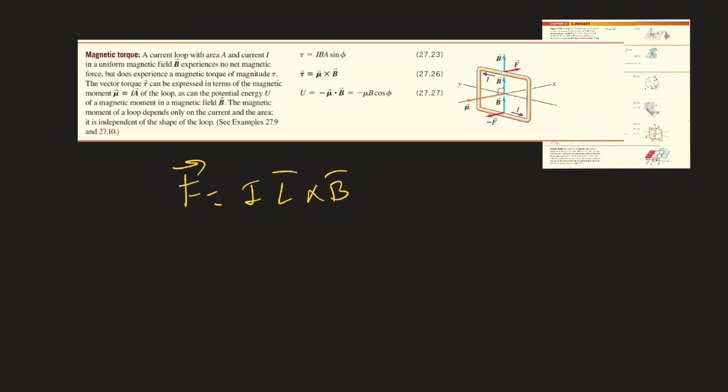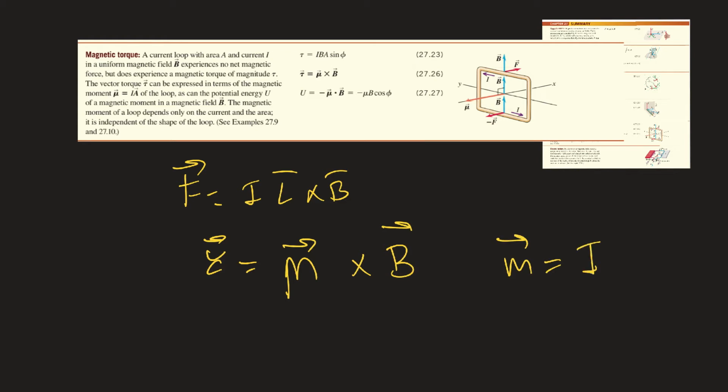So there is a torque. If you calculate the torque, as I have done in class, the torque will be m cross B, where m is the magnetic dipole moment and is defined by the current times the area times the vector u_n.